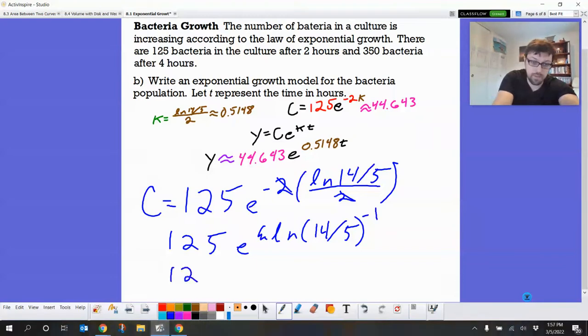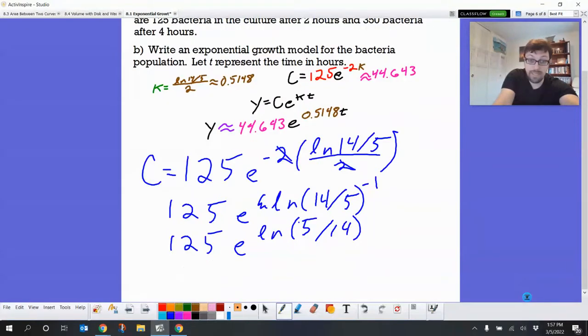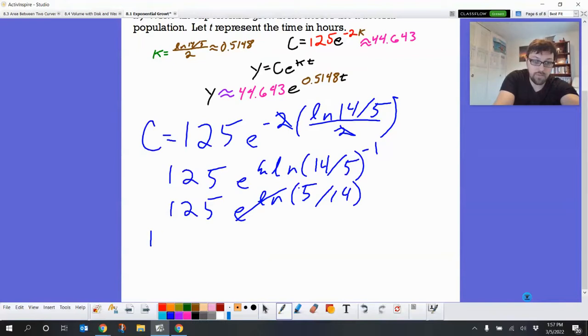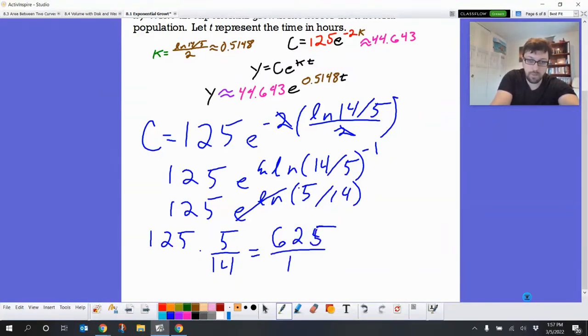So now we have 125 e to the ln of 5 fourteenths. Oh, and that e to the ln, those operations undo each other. So we just have 125 times 5 over 14, which gets us the much neater value of 625 fourteenths.